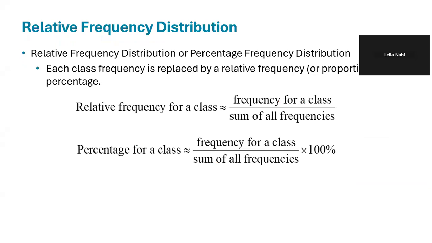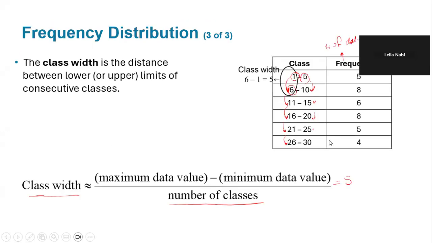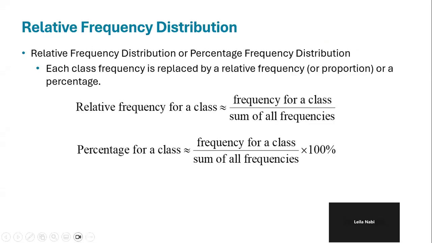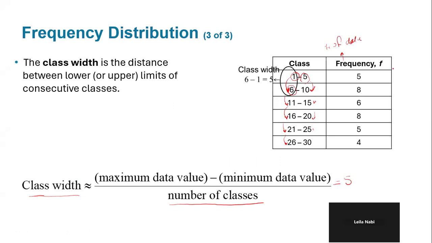And we can find the relative frequency by dividing the frequency of each class by the sum of all frequencies. If I go back to the previous example, in this table, if I want to find the relative frequency, first I need the sum of all frequencies.